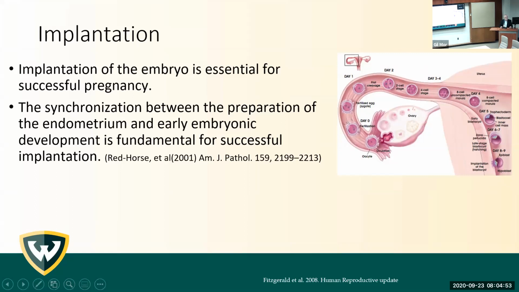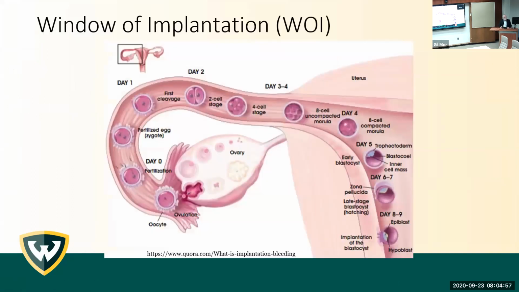Only in a specific area and at a specific time during the menstrual cycle, which we call the window of implantation. And again, in a specific location at the wall of the endometrium, the blastocyst will implant. And this is when the pregnancy will take place.